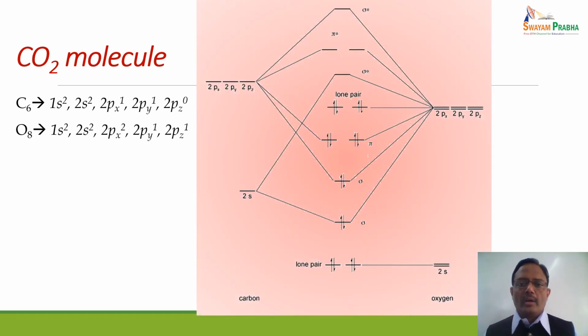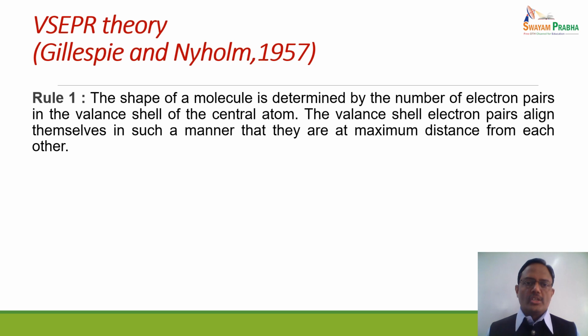Now we can have multiple types of bonding with 2 oxygen atoms with 2 s orbitals, 2 px orbitals, 2 py orbitals and 2 pz orbitals overlapping with the carbon orbitals of 2s, 2px, 2py, 2pz, leading to formation of molecular orbitals which will be filled with a total of 4 electrons from carbon and 6 plus 6, 12 electrons from oxygen, leading to filling of 16 electrons in a sequential manner like this. This is all about our molecular orbital aspect.